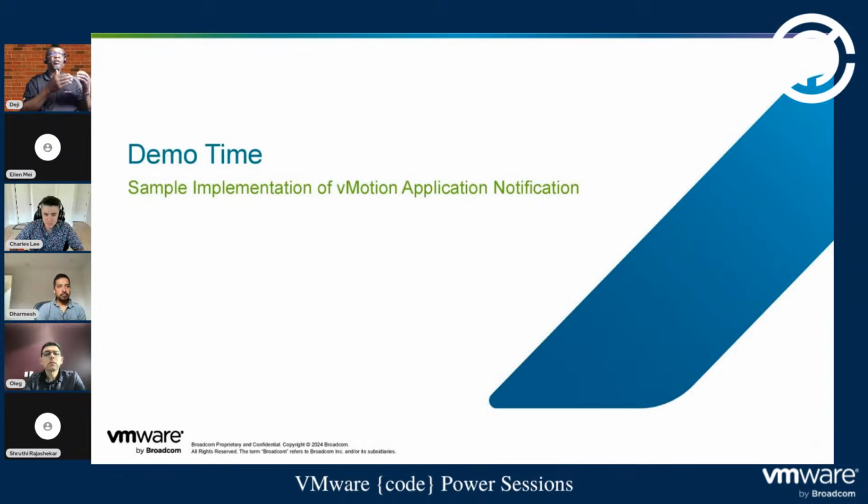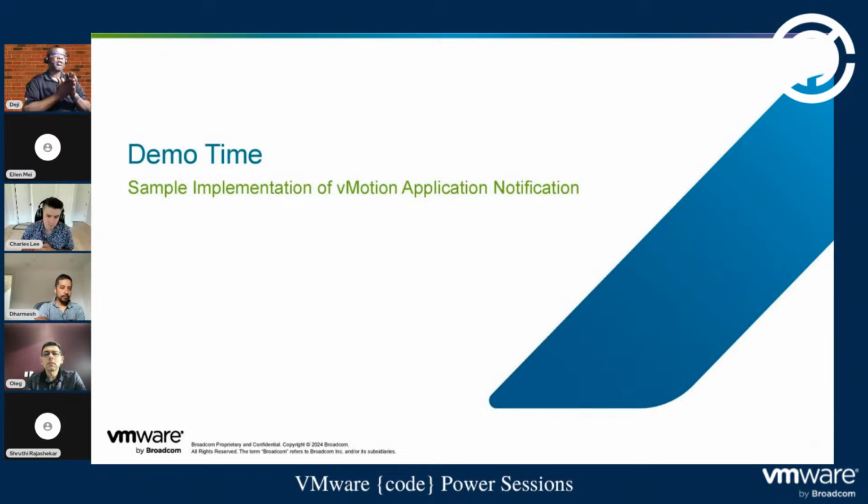vMotion application notification puts the control in the app and VI admin's hands. In the normal operation of vMotion, if you invoke vMotion, vMotion just goes ahead and moves the VM. Now, vMotion application notification puts control of that operation in your hands.